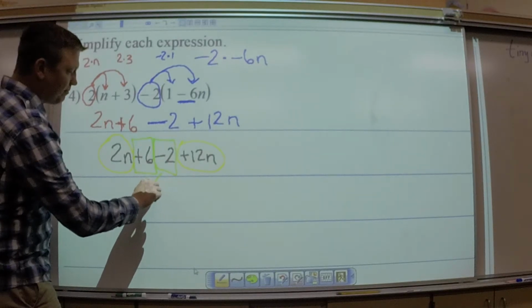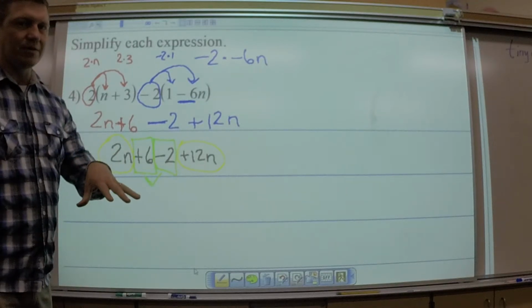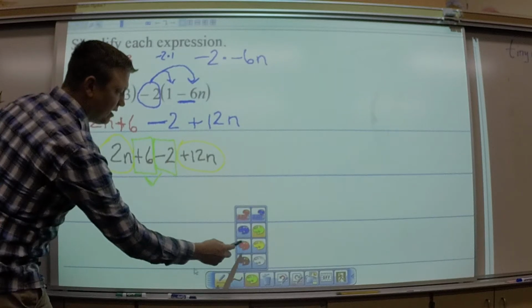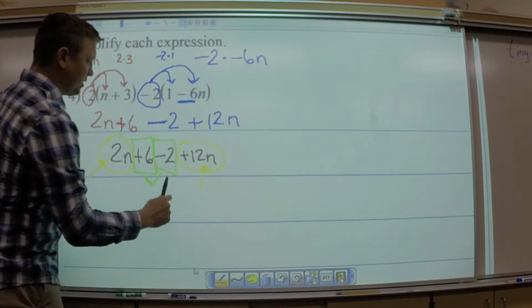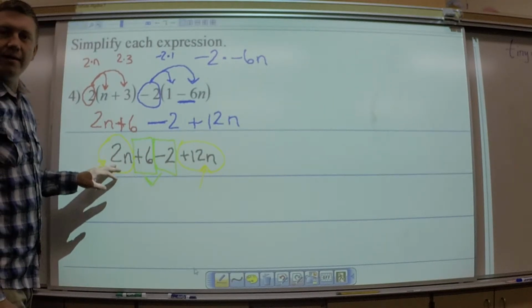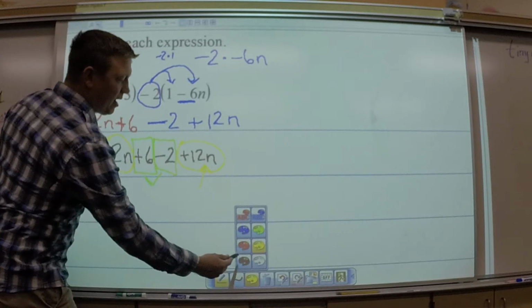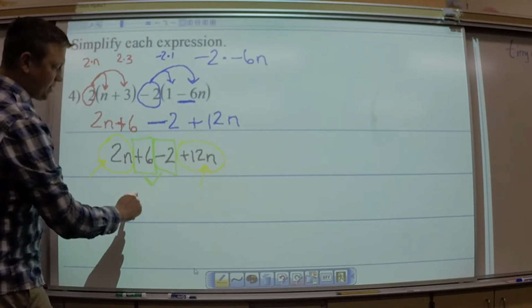These two will combine together because they're both regular numbers with no variables. But these two over here, this one and this one, will go together because they are like terms. They both have an n on them. And so 2n plus 12n, and we combine them.